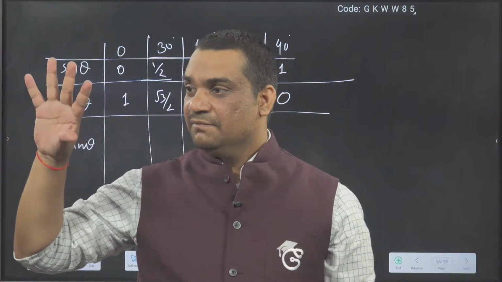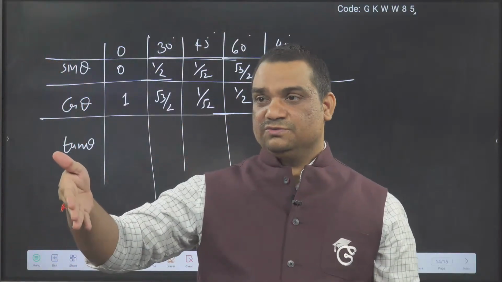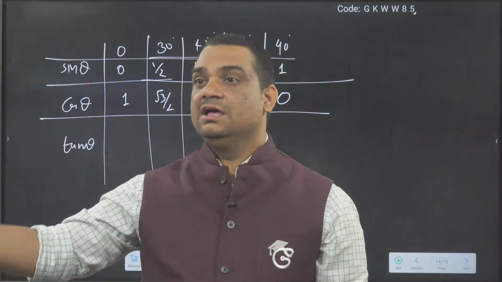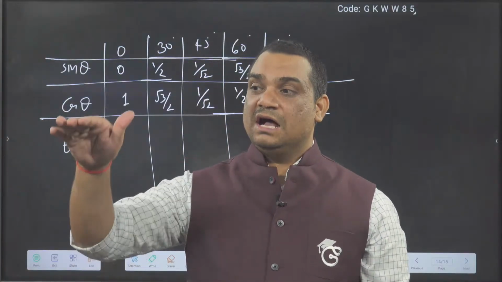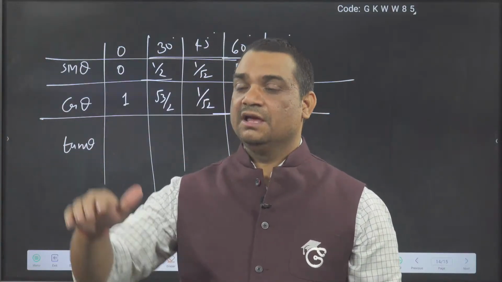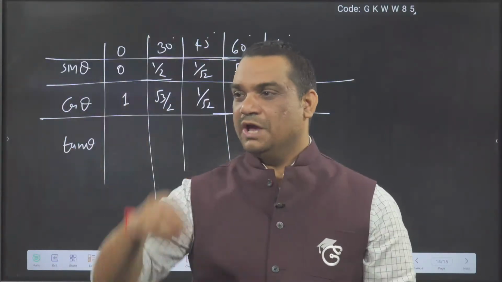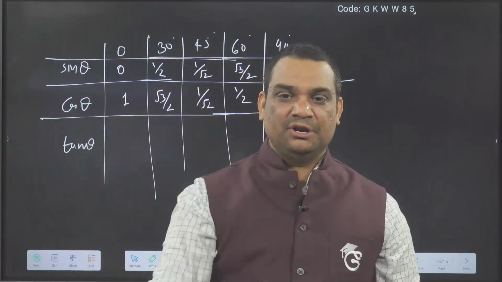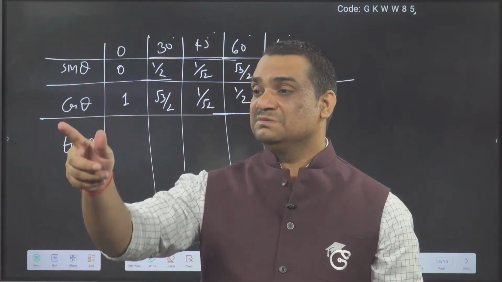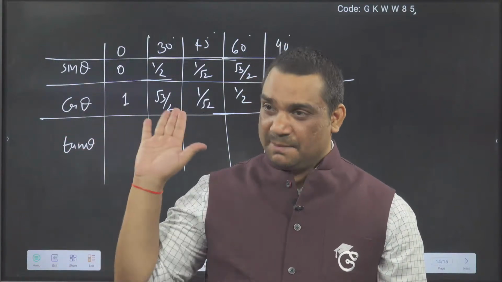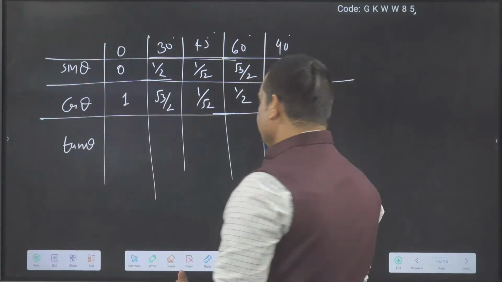Exact values we can find using the trigonometric table, but without that also we should be able to answer our questions. ASTC and small angle approximations will be there. Based on this, any angle asked in the examination or whatever comes to your mind, you should be able to answer. But for today's class, up to 90.